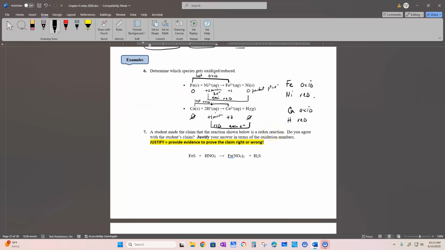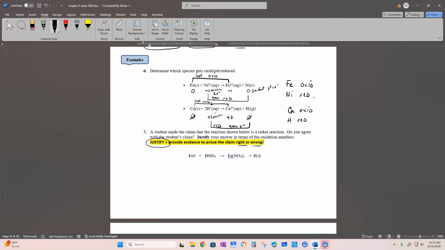AP loves these types of questions where they want you to justify if the student's claim was correct. First of all, you need to understand what justify means. Justify means you have to either prove the claim right or wrong. You have to use either math or explaining.